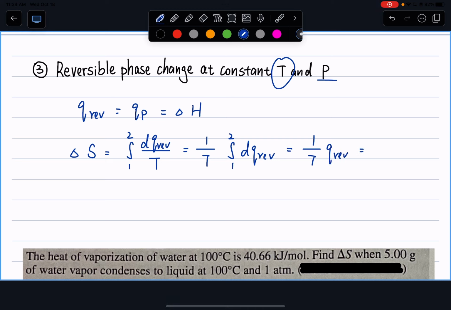And in this case, that gives you 1 over T times delta H. Let's try to apply what we just derived. If you're going to remember anything for this process, maybe just remember this one for the reversible phase change at constant temperature. You don't have to remember that last relationship, but it's on your own formula sheet. Whatever works for you works for me. I don't care what you put on your formula sheet, but make sure you have it in a format that you can follow.